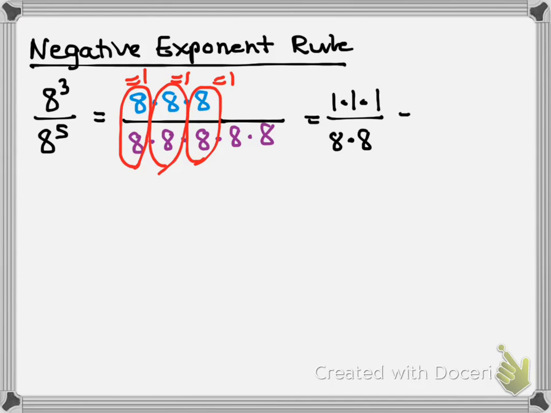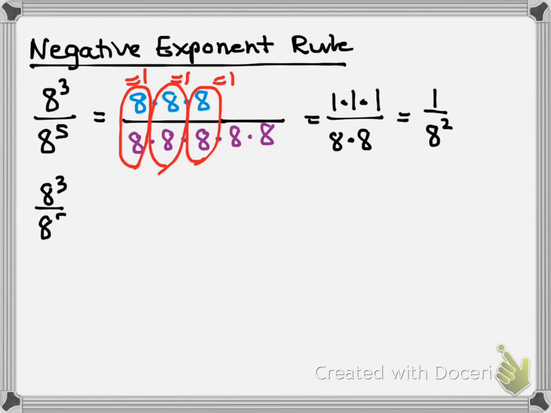So what's 1 times 1 times 1? 1. And how many 8s was I left with in the denominator? 2. Now, I could go further. I could evaluate, and 8 squared would be equal to 64. So you would have 1 over 64 as the final answer. Not 60, 64. So now let's go back and let's do the quotient rule.